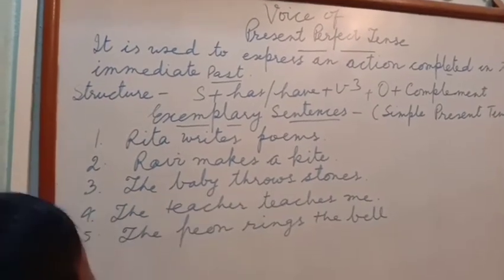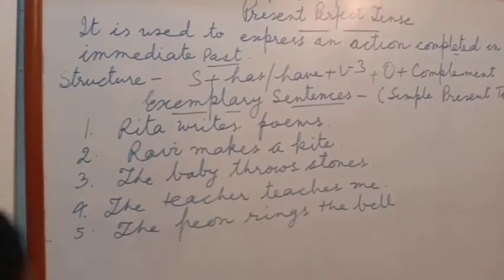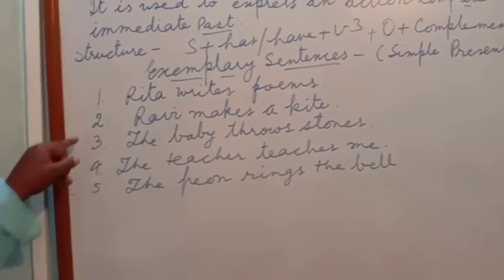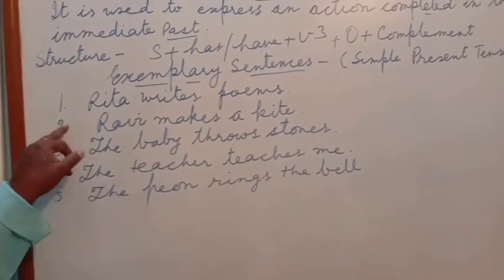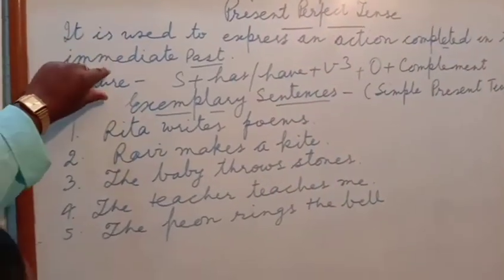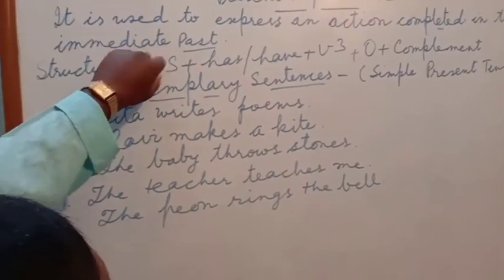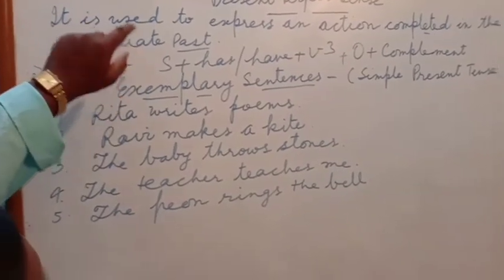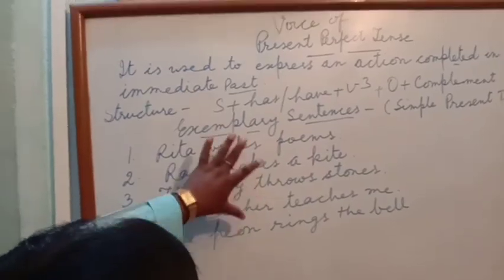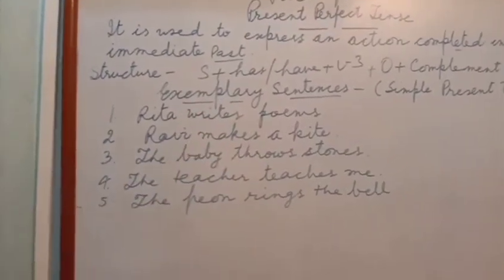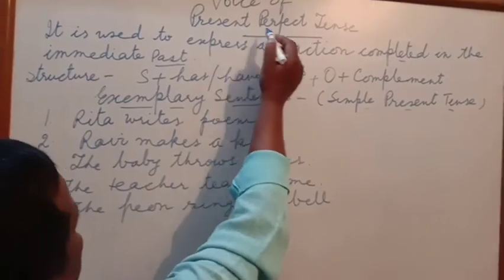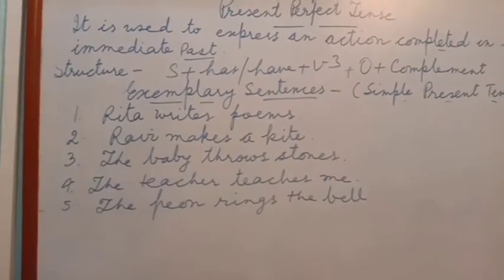What we have to do first? At first, we have to change all the 5 sentences into present perfect tense. The structure is already given, and according to the pattern of this structure we have to change all the 5 sentences of simple present tense into present perfect tense.